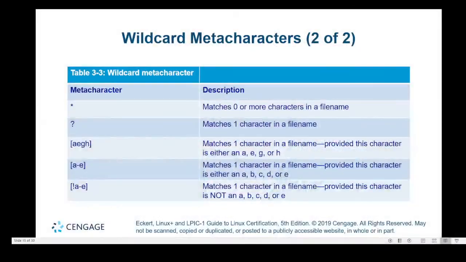If I want to filter them out, the wildcards are going to be probably one of the most useful things that you get out of using the command prompt. Is that I can use an asterisk to complete my file name, or I can use character classes. So as you can see here, these meta characters are character classes.